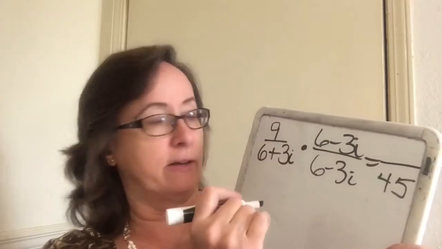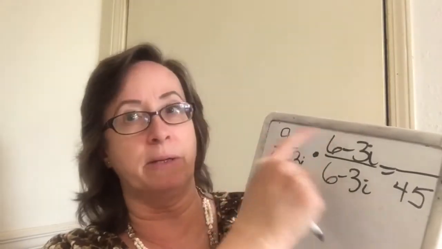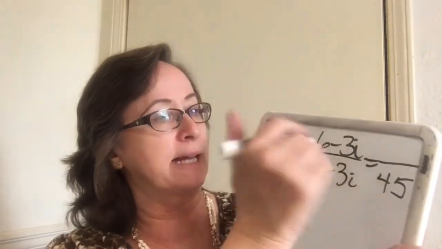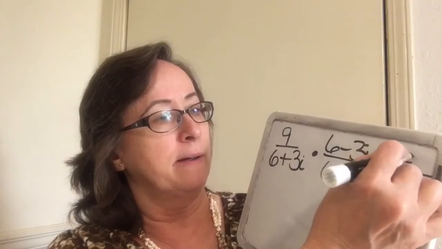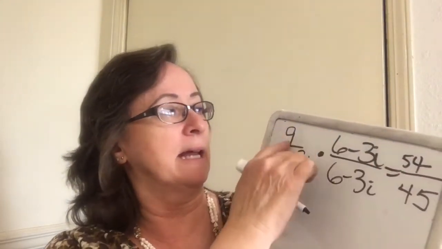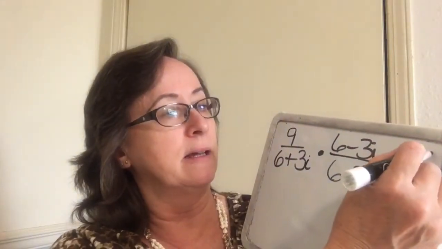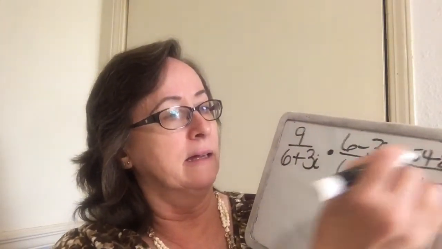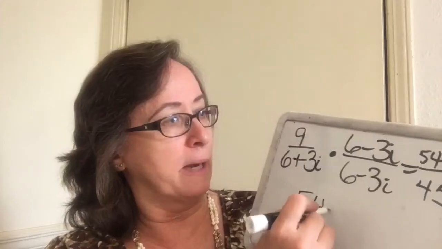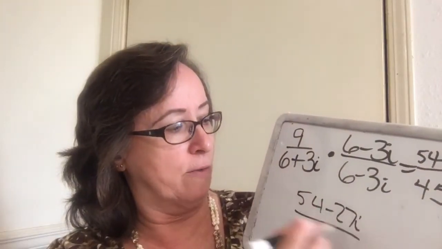In the numerator, we're going to distribute the 9 across. So 9 times 6 is 54, minus 9 times 3i is negative 27i. Okay, so 54 minus 27i over 45.